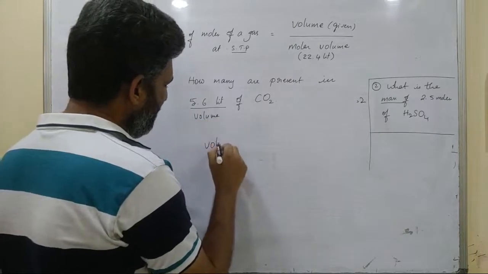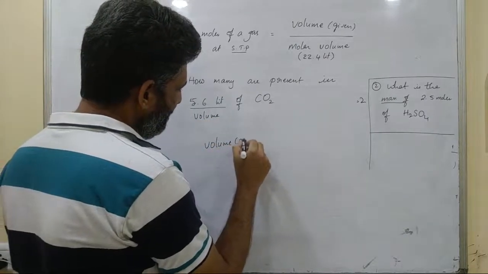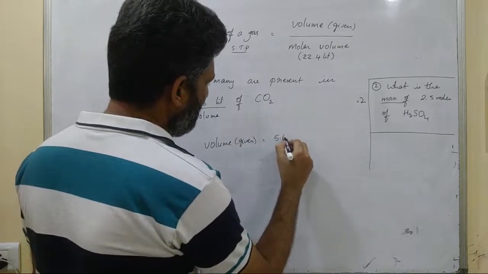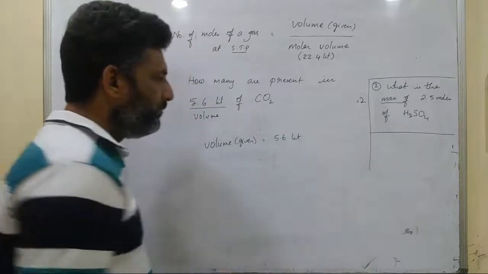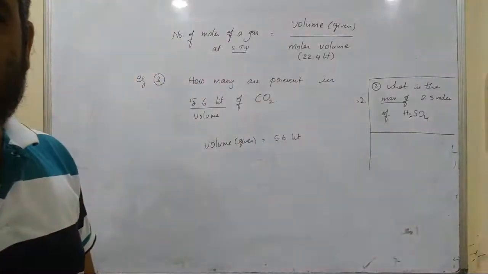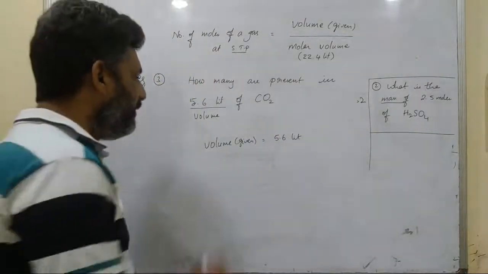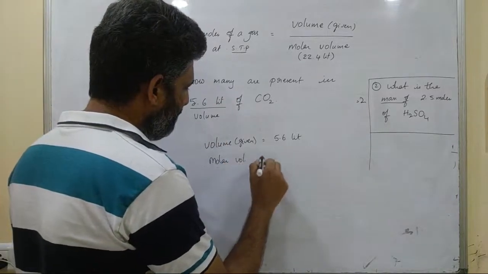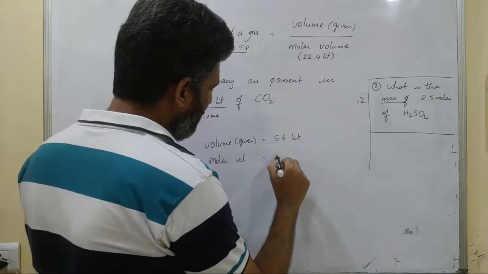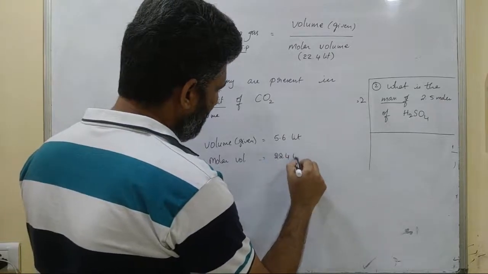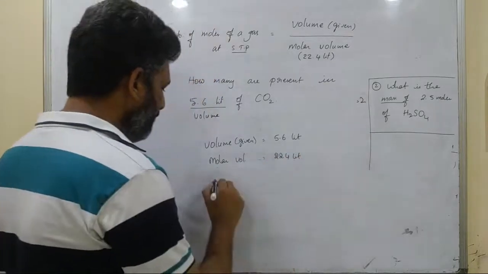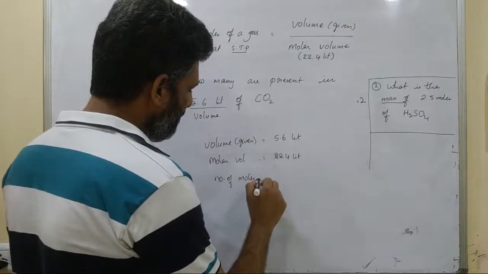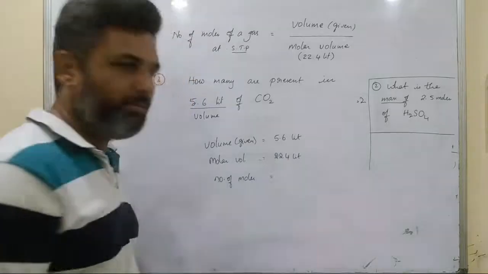So volume given will be equal to 5.6 liters. And molar volume is equal to 22.4 liters. Now we want number of moles present in carbon dioxide gas.